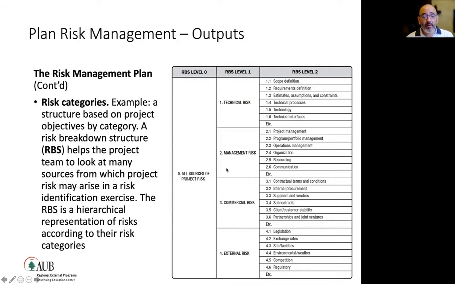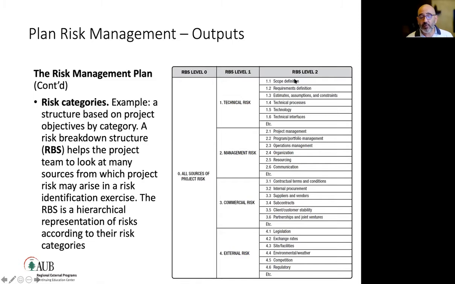And like the work breakdown structure, there will be a risk breakdown structure depending on the areas of the project, like technical risks, management risks, commercial risks, business risks, external risks, with a breakdown for them, like a sub-level of the risk breakdown structure by area.